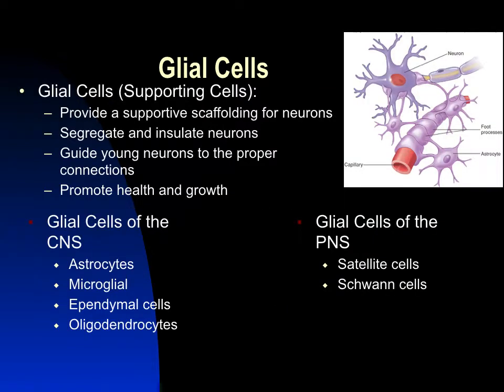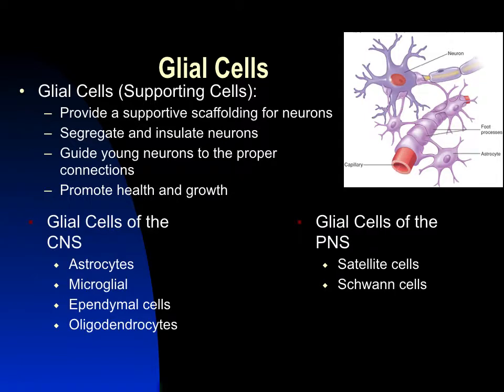So glial cells are these supporting cells. They provide scaffolding for neurons. They segregate them. They insulate them. They are important in the development of the nervous system so that they can generate where the neuron's supposed to go. They promote the health of the nervous system and growth. And there are different types of glial cells depending where you are.